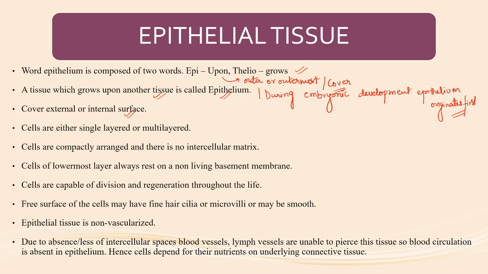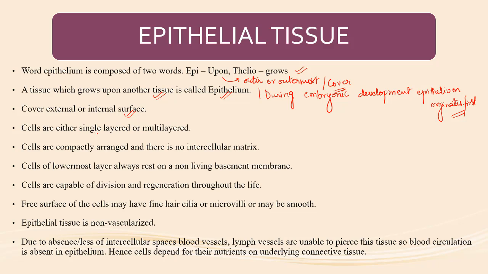Okay, during embryonic development, the very first thing which develops is epithelium. So epi means upon. Next, it helps to cover the external or the internal surface.